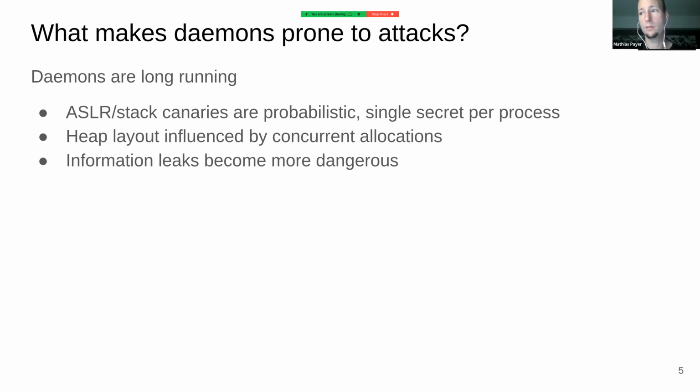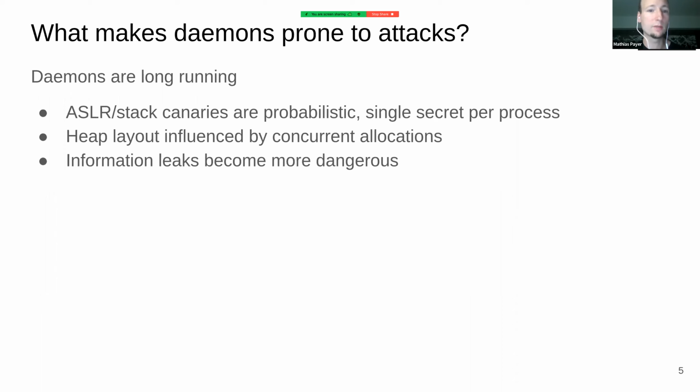For example, if you're attacking a web server, you can first leak the different secret data, such as where in the address space the different libraries are laid out, how they are laid out, and then build the attack in a later step. So the attacker has multiple steps to launch the attack.